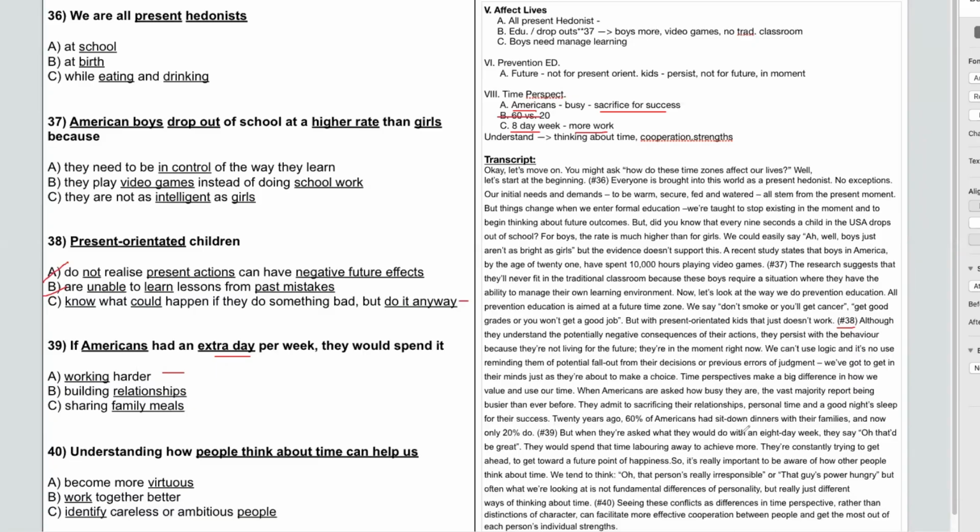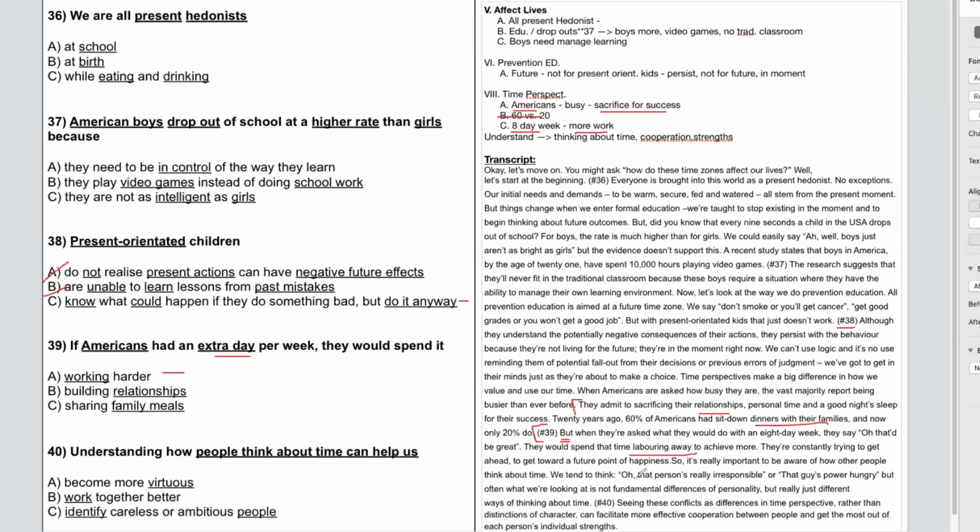And we can see that right here. The speaker says they admit to sacrificing their relationships, personal time, and a good night's sleep. And then it said here also dinners with families. But right here, this is the excellent clue. But asked what they would do with an 8-day week, they say they would be laboring away.